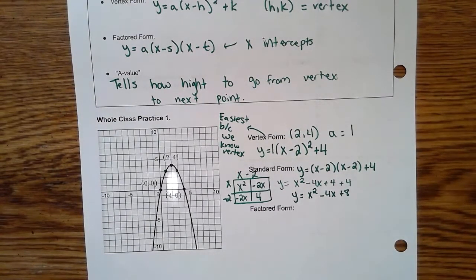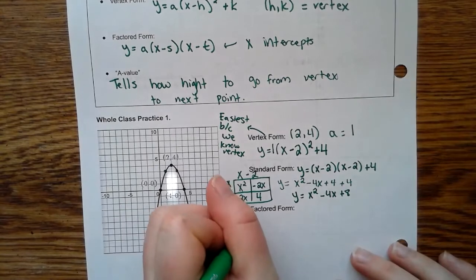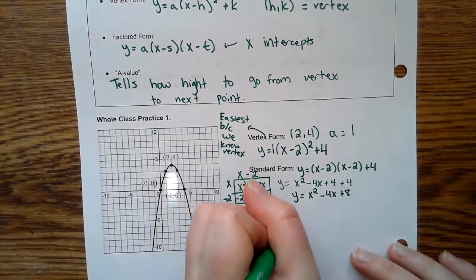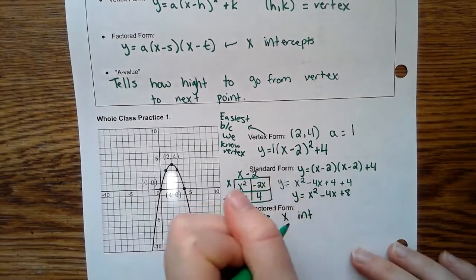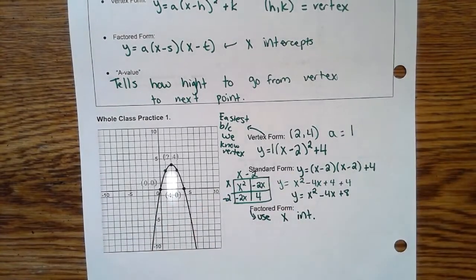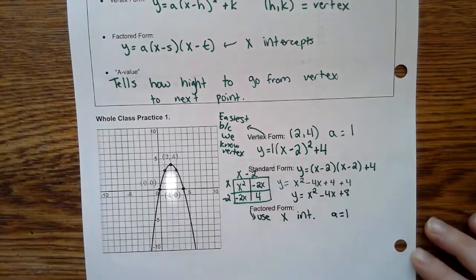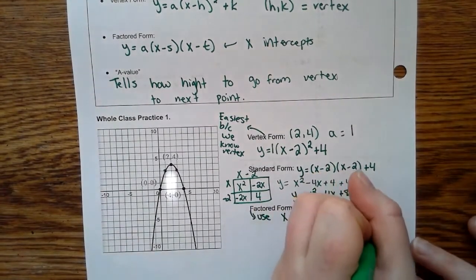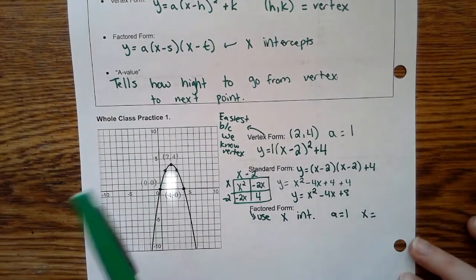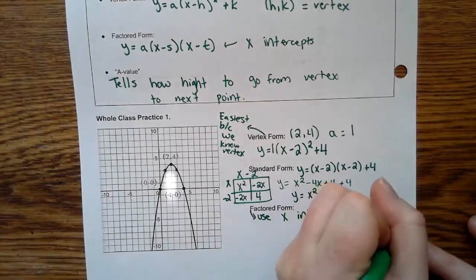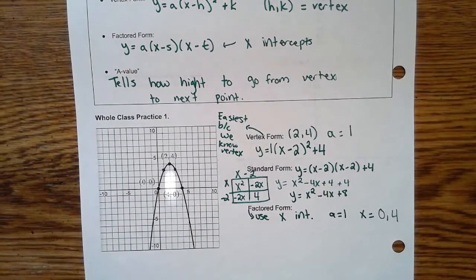Okay, factored form. Factored form is going to utilize my intercepts, and I'll just write that here. Use x-intercepts. So we're going to use our a value, our x-intercepts. So our a value we decided was 1, and our x-intercepts were, well, I see it crosses at 0, and I see it crosses at positive 4.